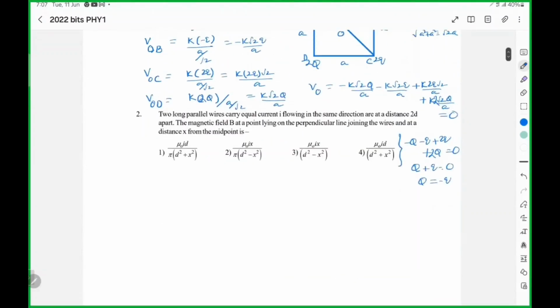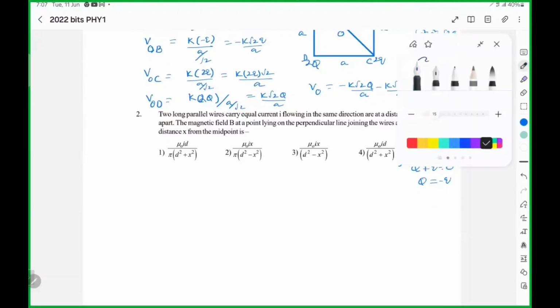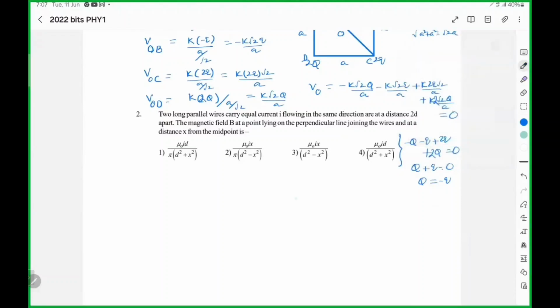Here, in the second problem, two long parallel wires carrying a current I, which is flowing in the same direction, are at a distance 2d apart.